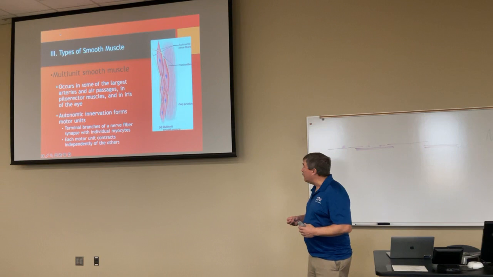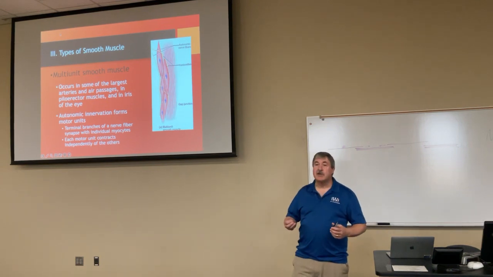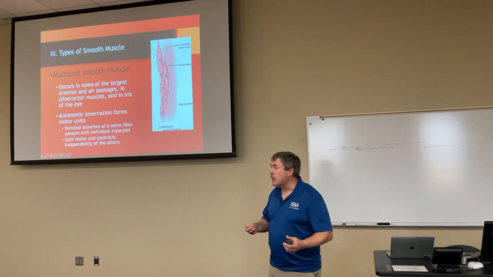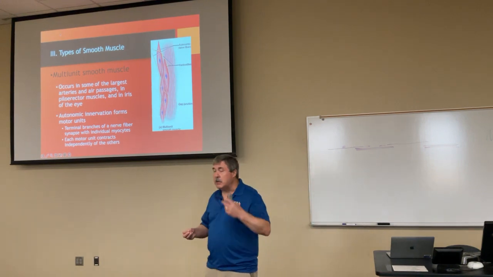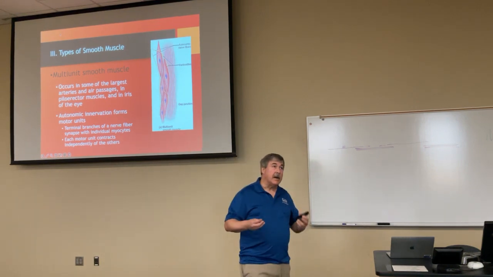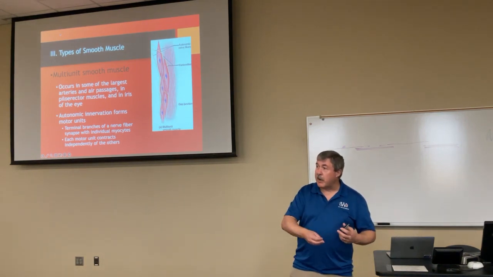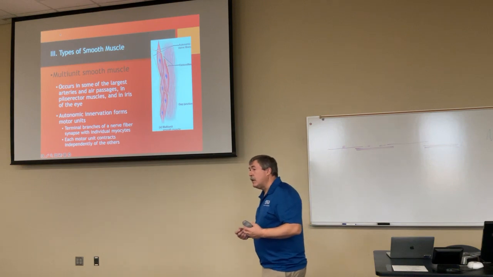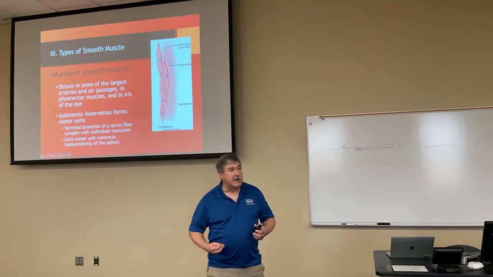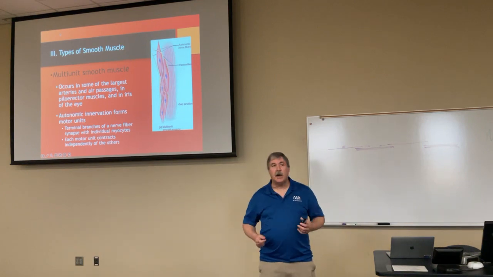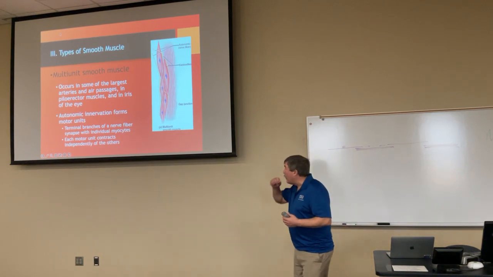Okay, it depends on where the blood vessel is located. If the blood vessel is located in a digestive organ, then it may be stimulated to contract by a parasympathetic fiber. But if it's in a different organ, sometimes they'll be stimulated by a sympathetic fiber. It just depends on the location of the blood vessel.